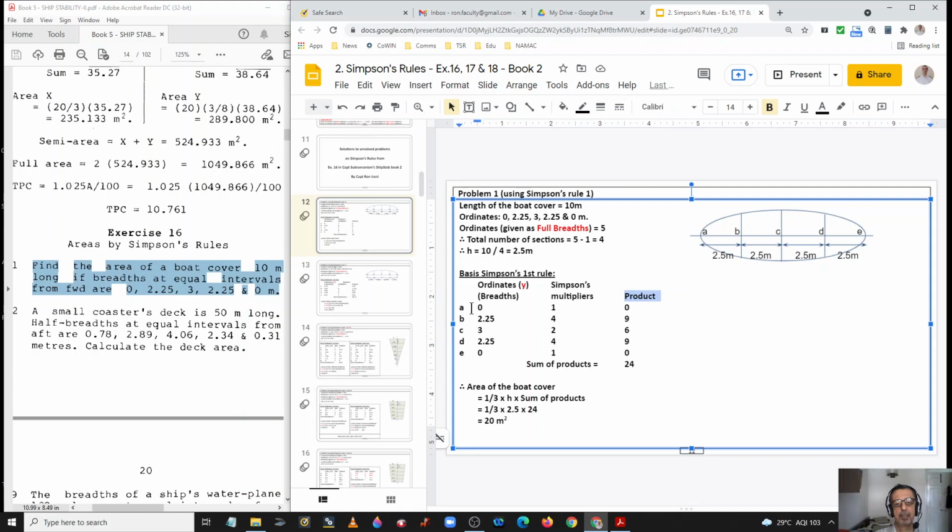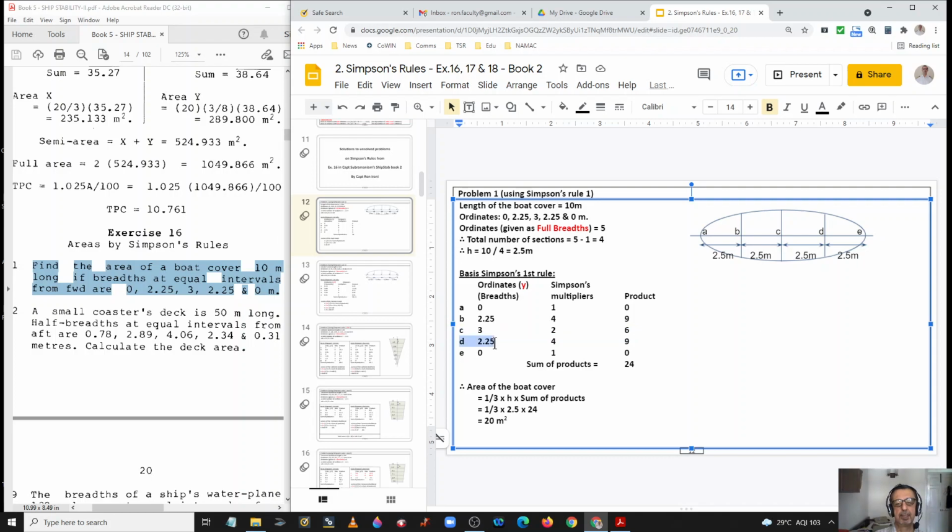So for ordinate A, the breadth is 0, the multiplier is 1, the product is 0. For ordinate B, the breadth is 2.25, the Simpson's multiplier we use is 4, and the product 2.25 into 4 is equal to 9. For ordinate C, the breadth is 3, the Simpson's multiplier that we use here is 2, and the product is 3 into 2 equal to 6.